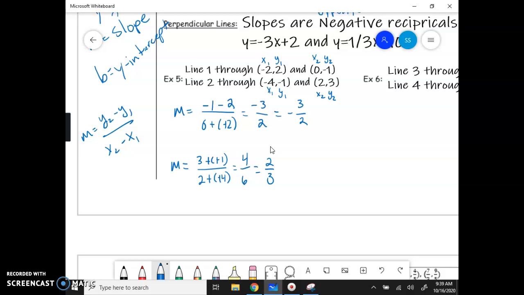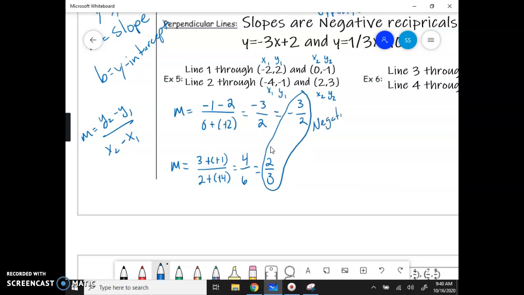So is there anything significant about these? Are these parallel, perpendicular, or neither? We see that one is positive, one is negative, and also this is 3 over 2 and this is 2 over 3. So these are perpendicular because these are negative reciprocals.